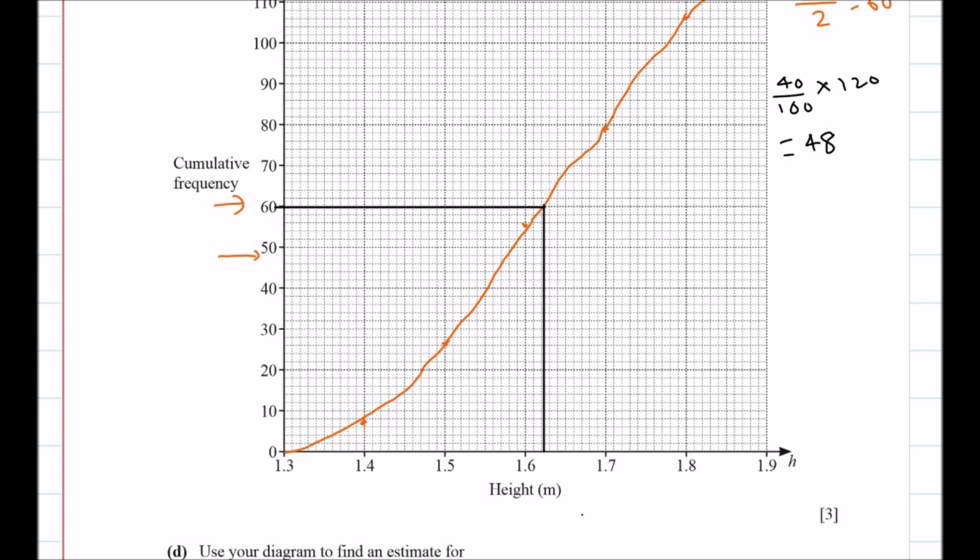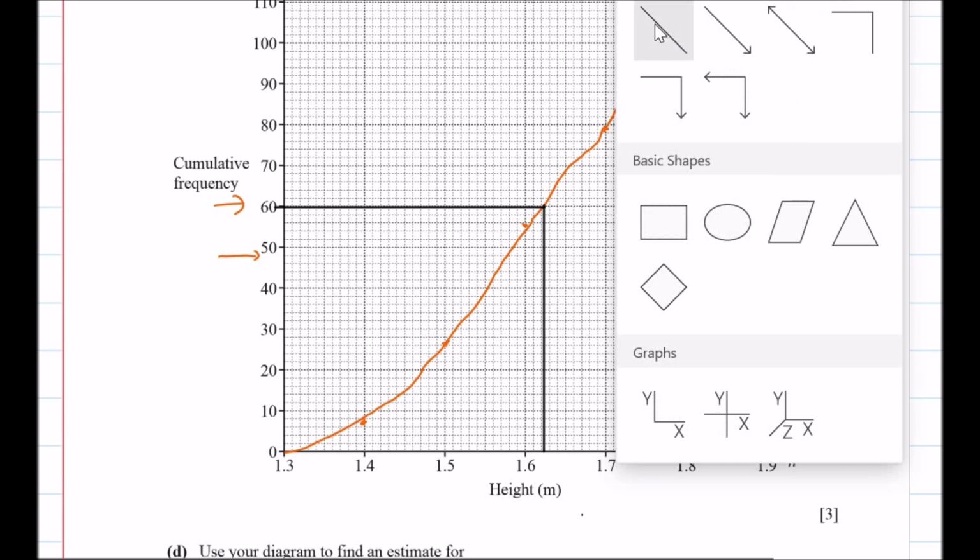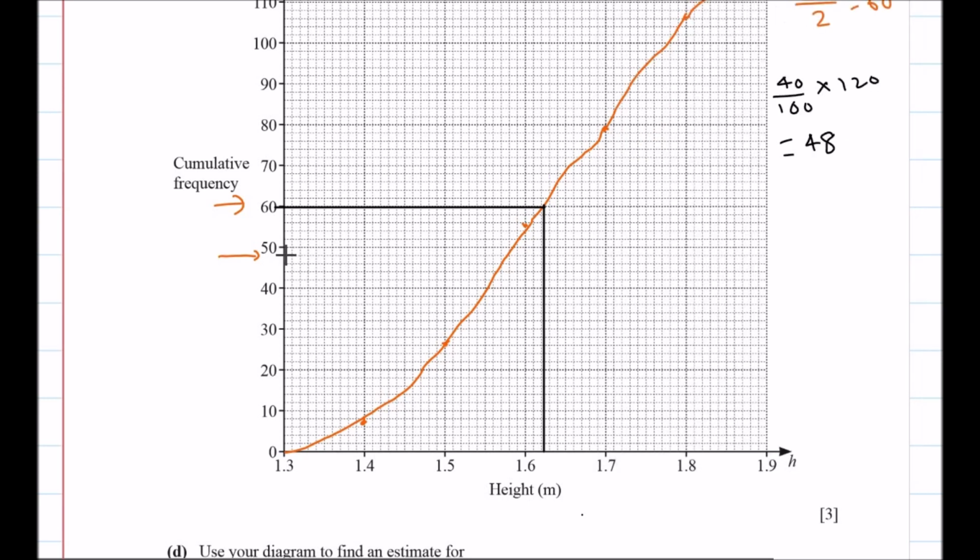Okay. Now we'll draw the line, and from there we go vertically downward to get the value. Okay.